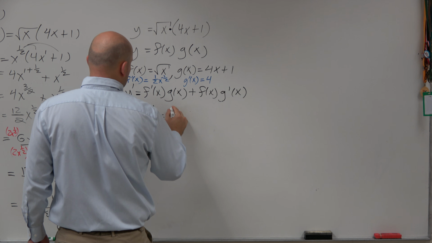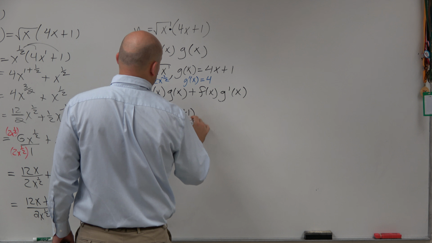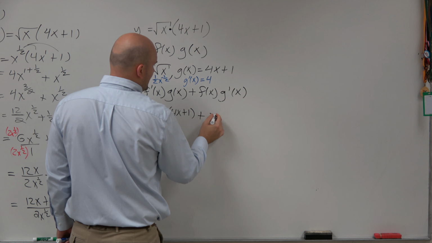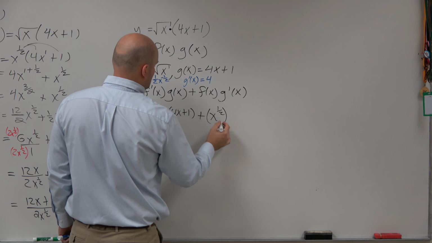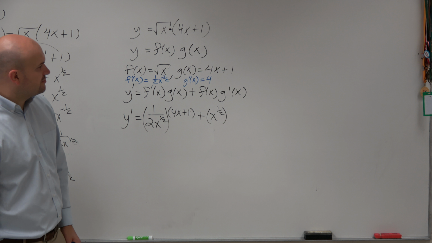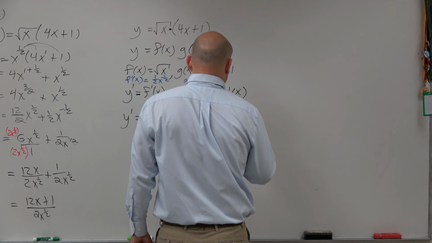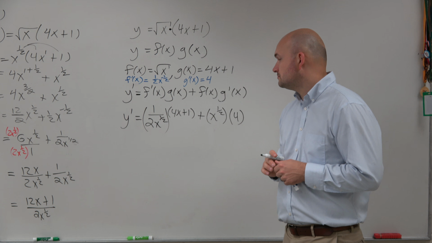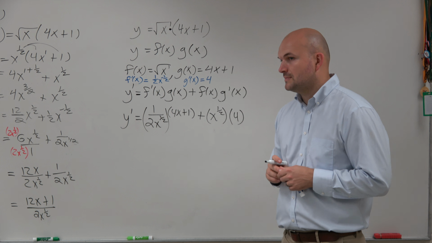Sorry. Plus f of x, which is x to the 1/2, times g prime of x, which is 4. Okay.